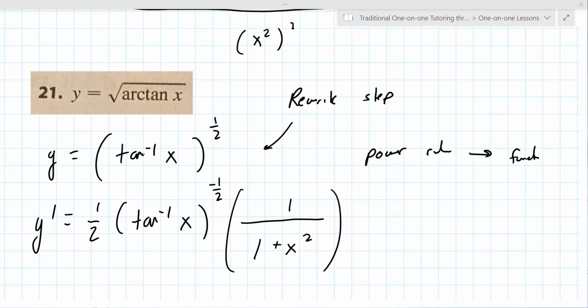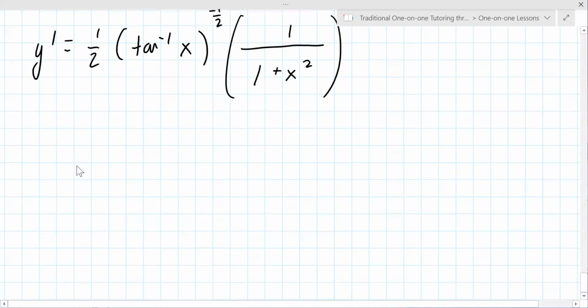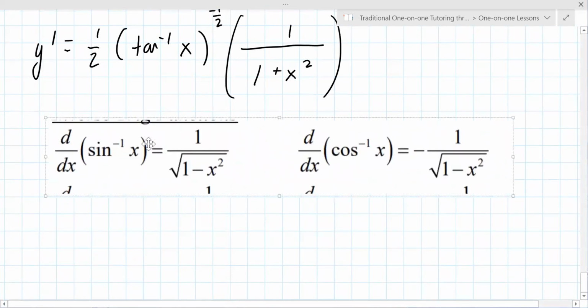Let me put them in here in a way that maybe will help your understanding. So you need to know sine inverse really well. And then the only difference between sine and cosine is the negative out in front. And then tangent, you just take away the square root, but it's plus.